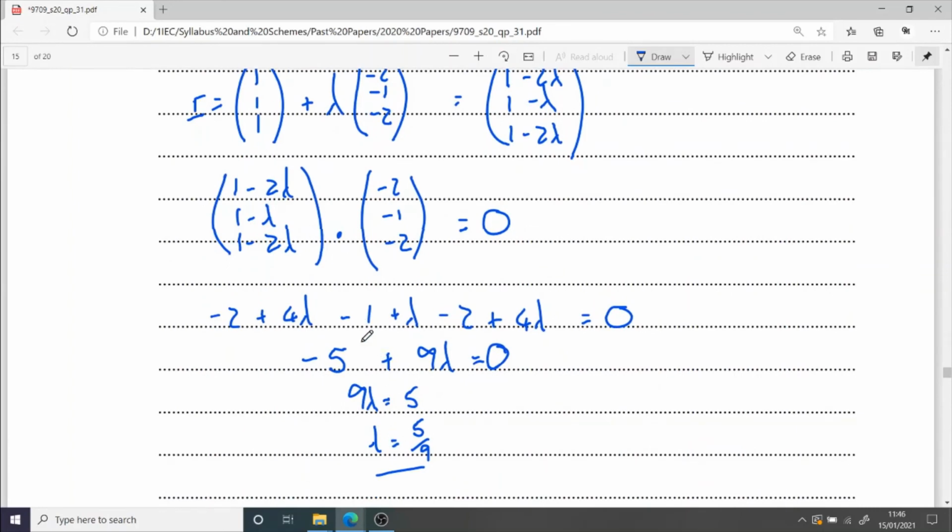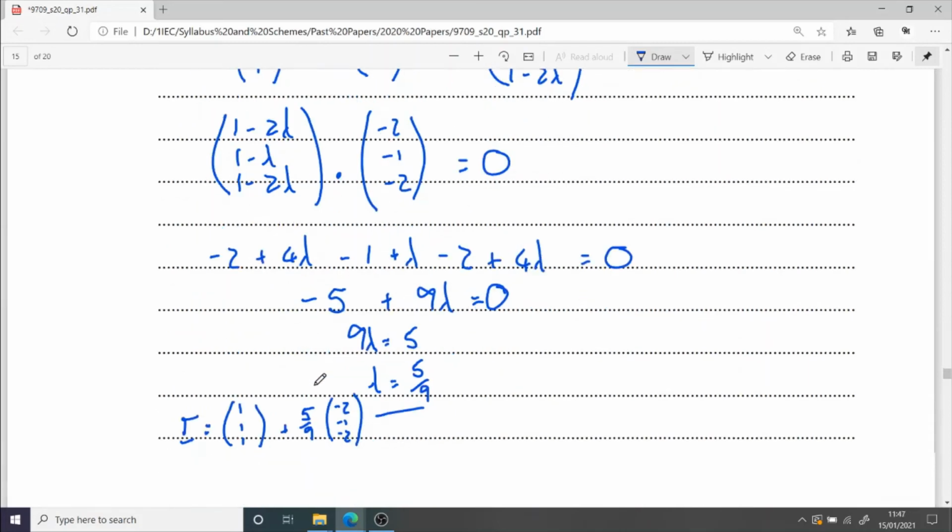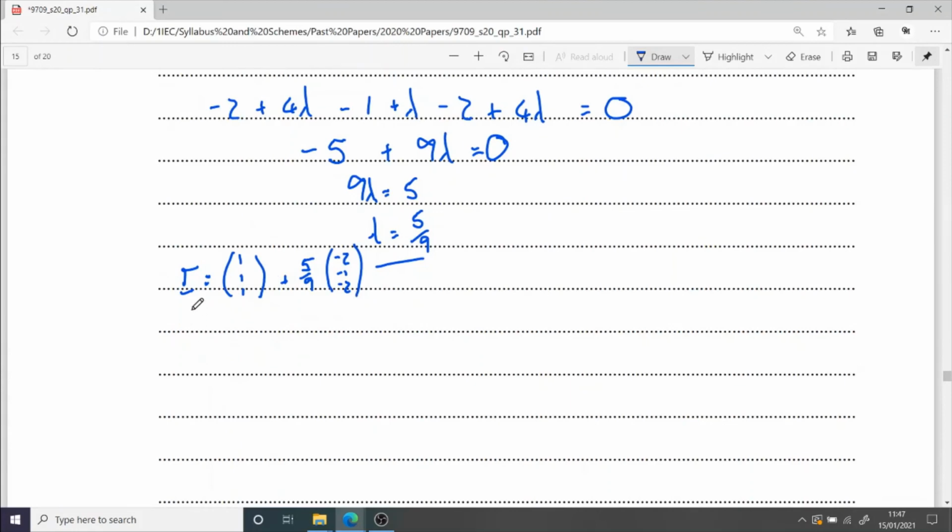So we're now going to put this back into our equation for r. So r is equal to 1, 1, 1 plus 5/9 times -2, -1, -2. So we're going to end up with 1 minus 10/9.